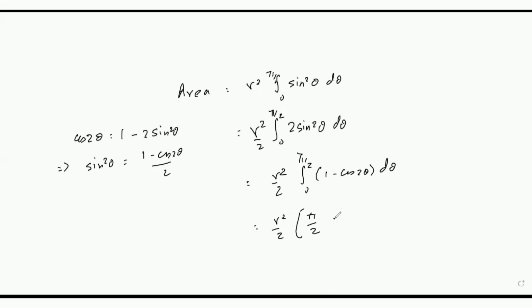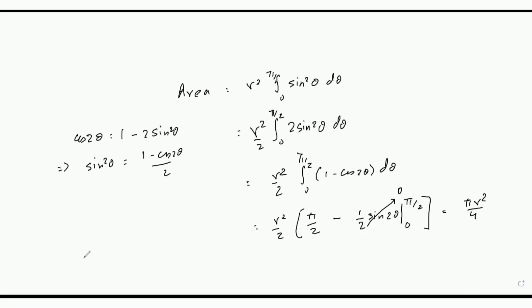The second term, the integral of cosine 2 theta, is half sine 2 theta, and this has to be calculated from 0 to pi over 2. You see that both for 0 and for pi over 2, this value is exactly 0, and so you end up getting pi r squared over 4.